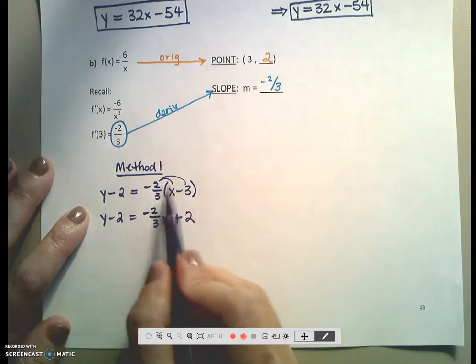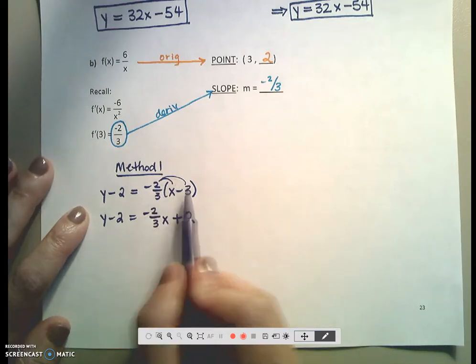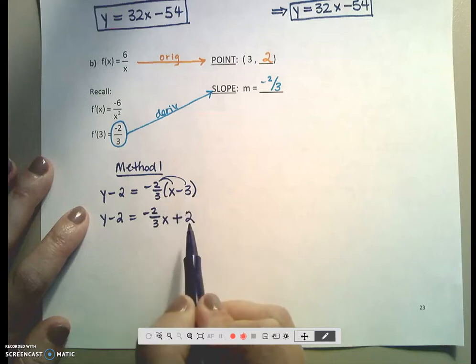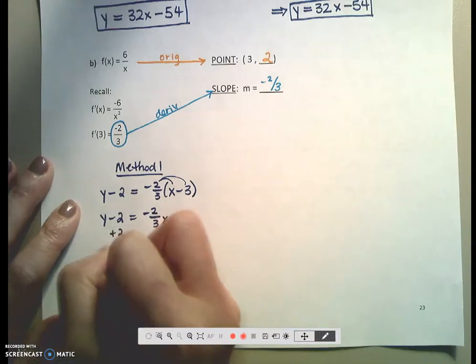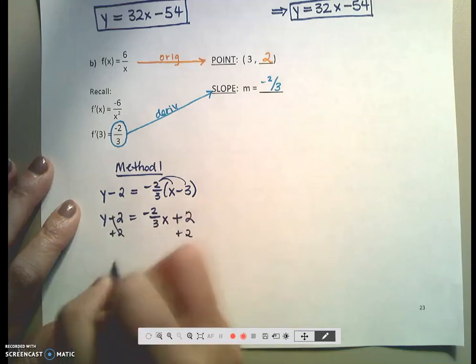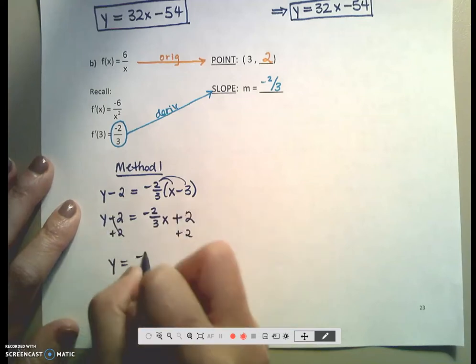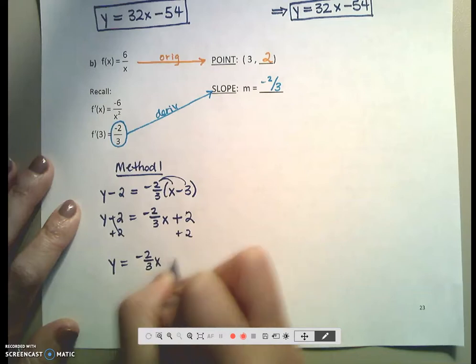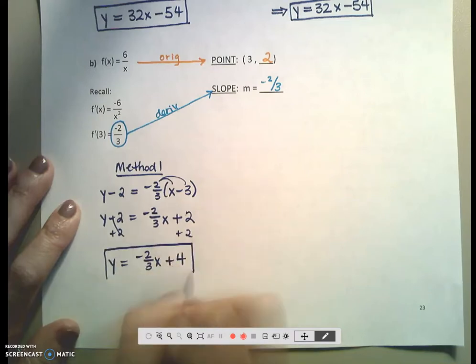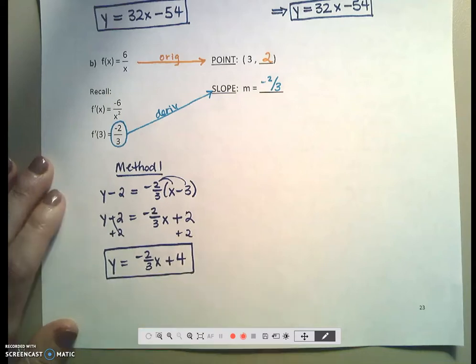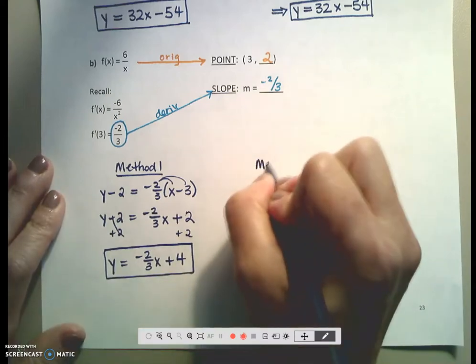So when you distribute, this is going to become positive here at the end. 2/3 times 3 is 2. Use your calculator if you don't trust yourself. That's one way to do it.